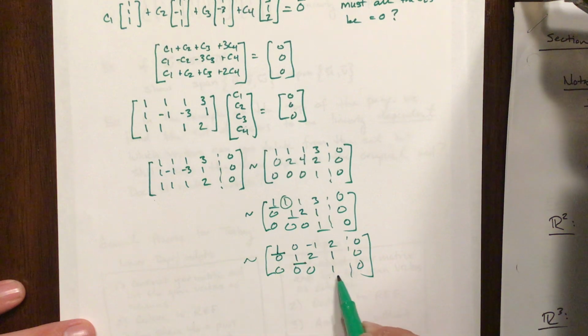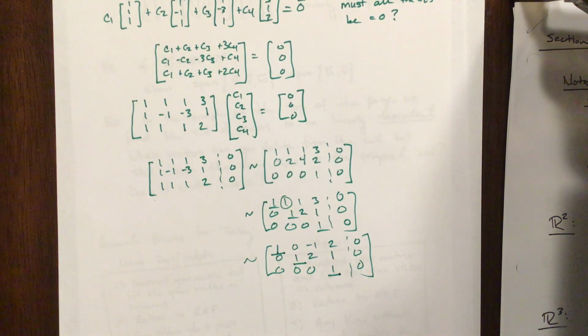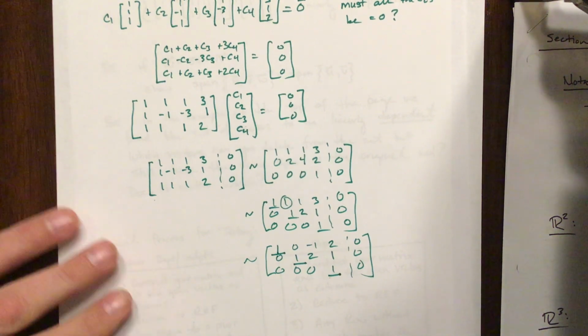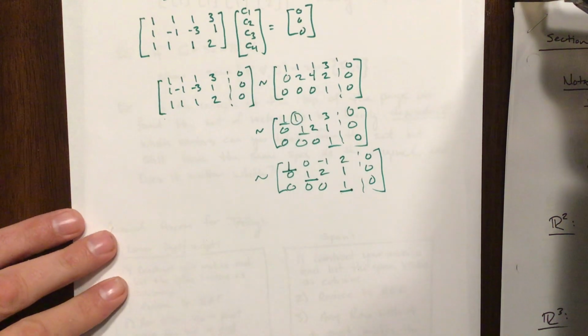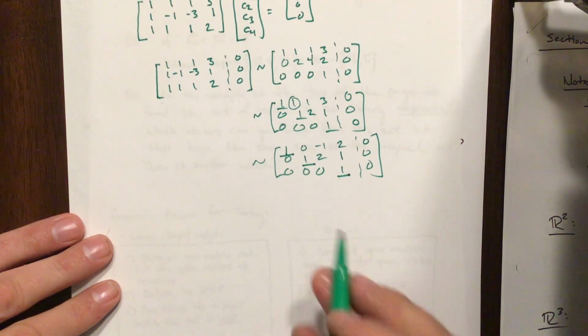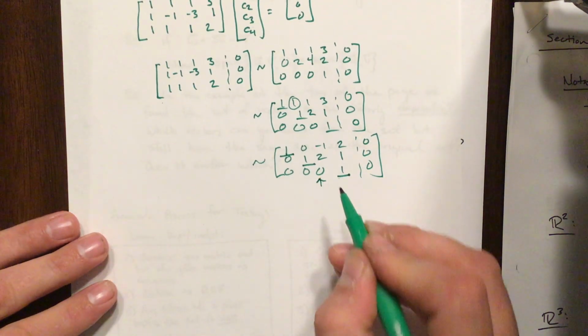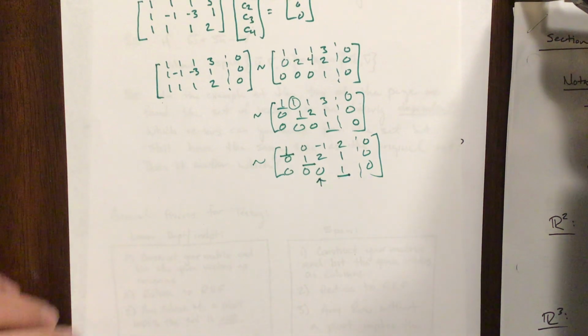Pivot, pivot, pivot. There's no pivot in the augmented column, so I know the system is consistent. I know that in the third column there isn't a pivot.